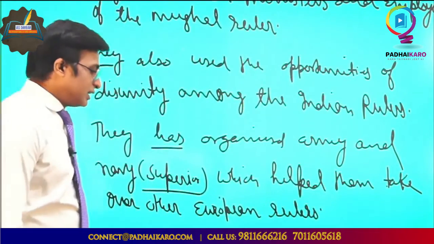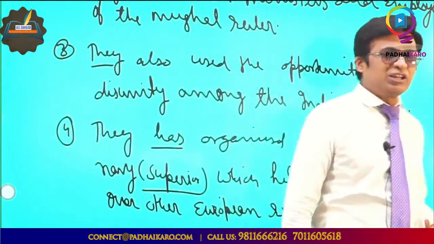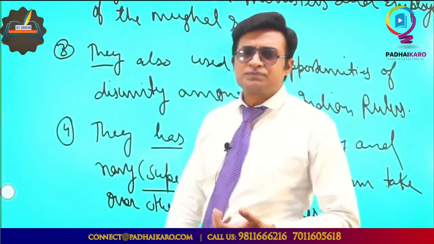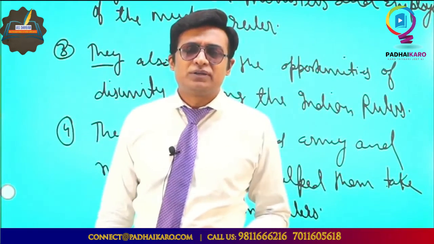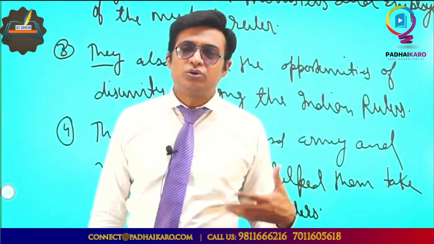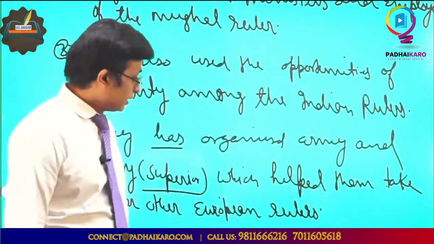So disunity was there, there was some superiority also, and of course their navy was very strong, and all these things helped them to get hold over India.